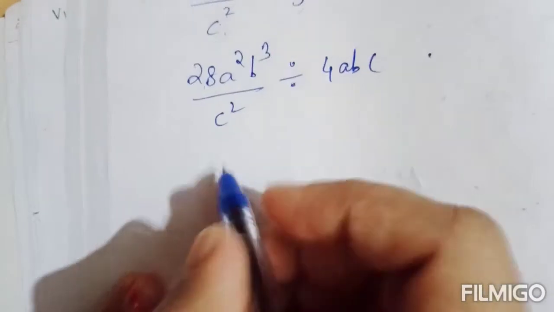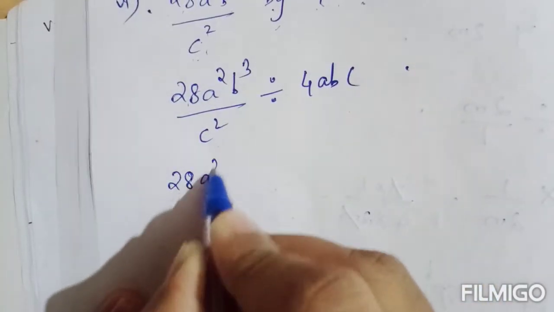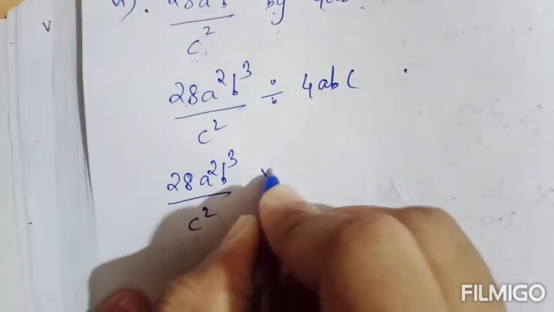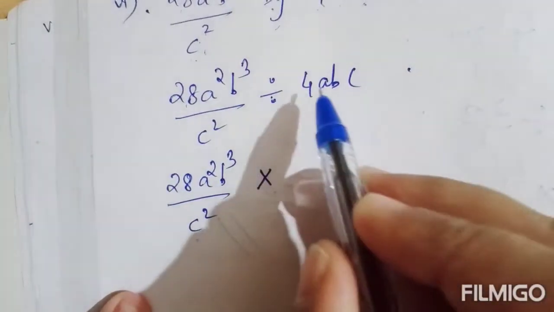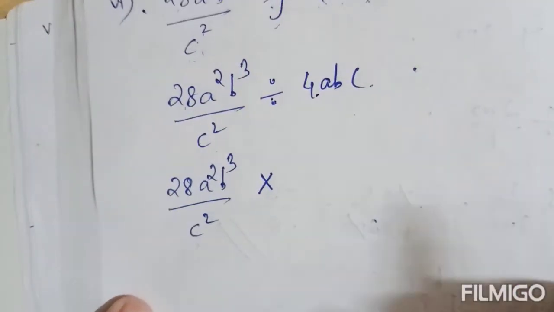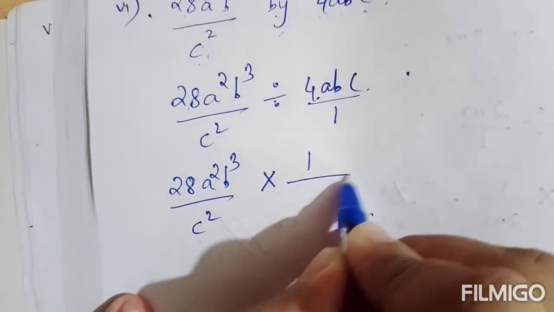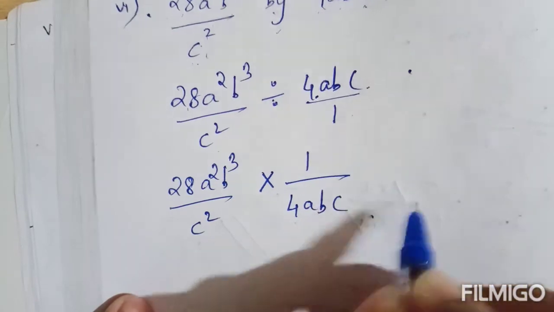So the dividend you can write as it is, 28a square b cube by c square. Division sign, change that to multiplication sign. 4abc, take its reciprocal. 4abc means 4abc by 1. Its reciprocal will be 1 by 4abc.